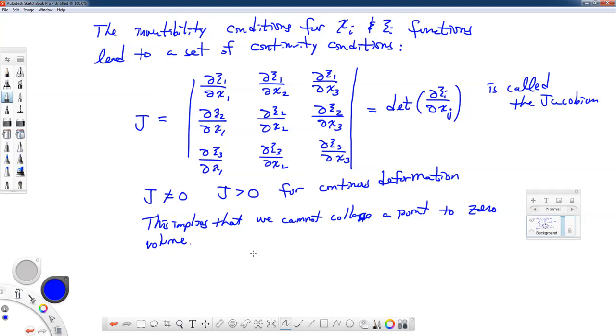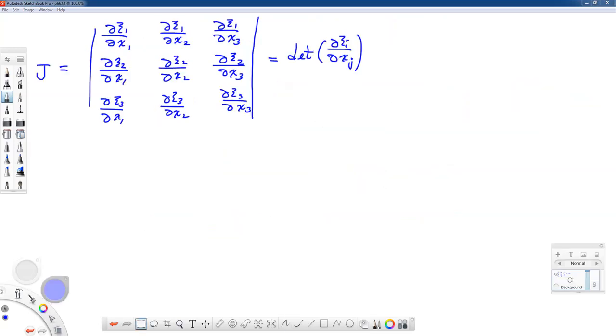Now there are a couple different ways to write this Jacobian. In this form I have the partial derivatives of xi with respect to x, but we could also write this in terms of displacement. Now if you recall from the other page, we said that the final position was equal to the initial position plus the displacement.